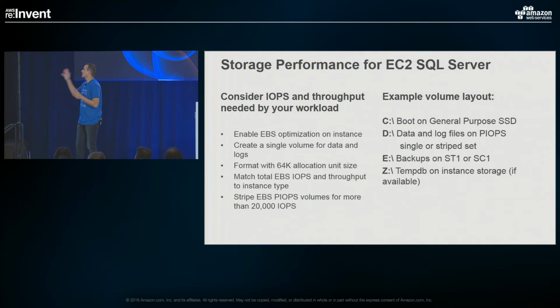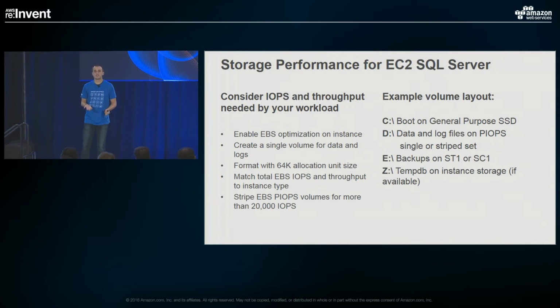Now, if you look at this architecture, it gives you the ability from a backup perspective to do two different things. You can choose to use the backup volume as a temporary storage, a cache of sorts, and then ship those backups away to S3 for long-term storage, or as a backup strategy you can use EBS snapshots to snapshot those volumes.